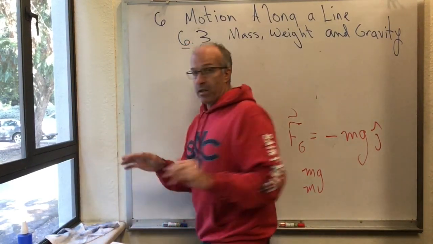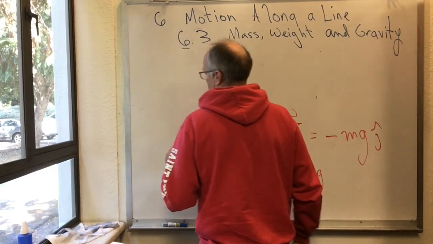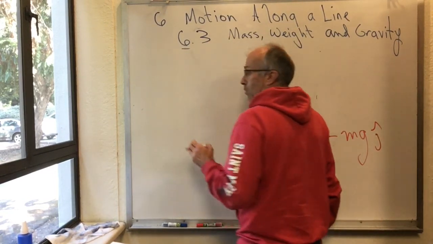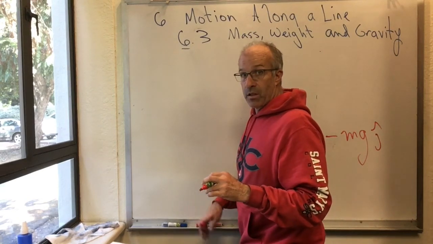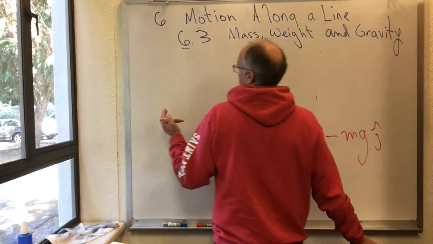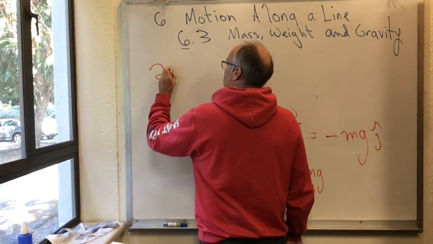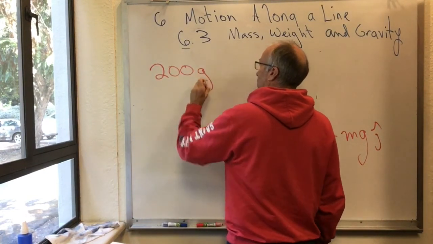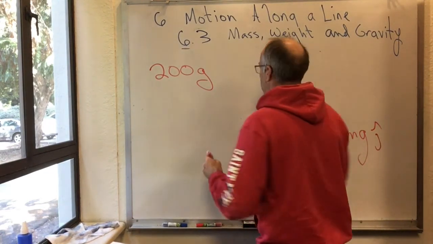Now I'll tell you, this is very much in contradiction to everyday use. If you go to, say, Europe or some country that uses the metric system, and you say, I want to buy 200 grams of ham, how do they sell you 200 grams of ham?